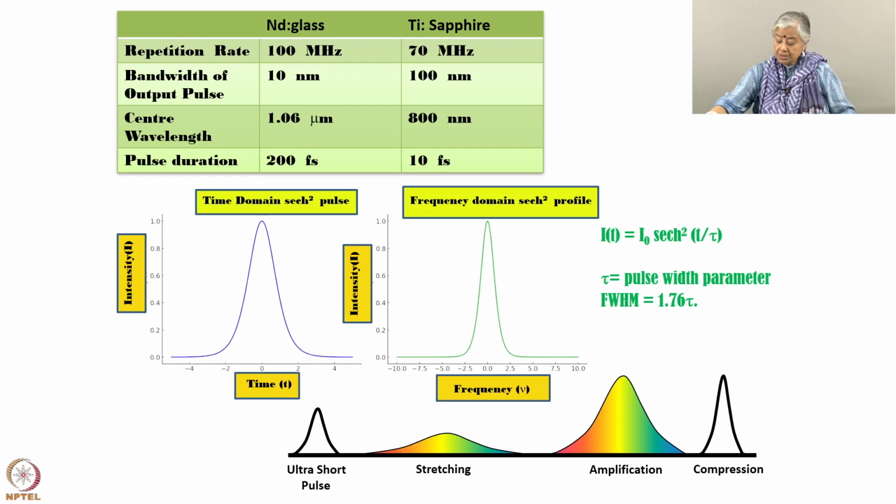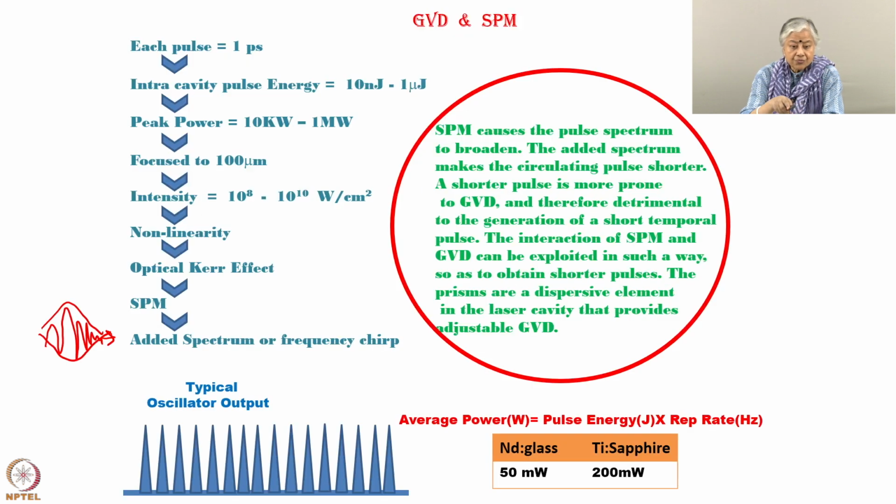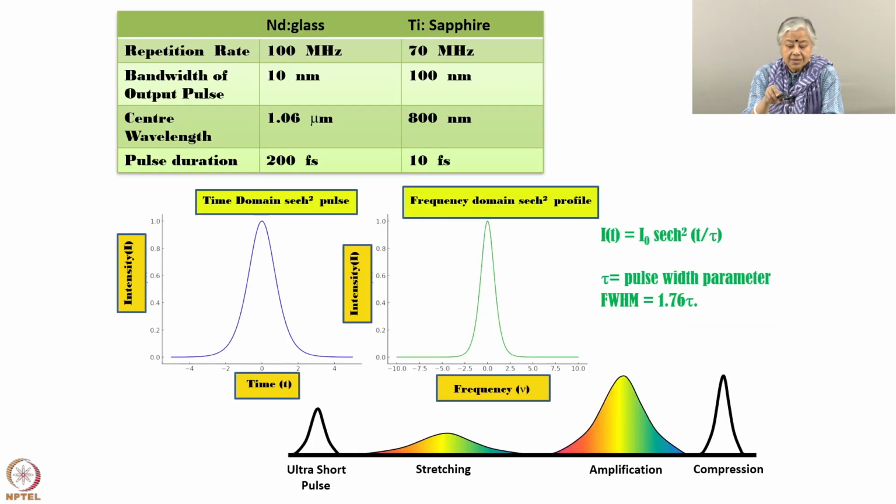Now, the output: we are interested in one single pulse of this. So, what does that single pulse look like? The single pulse looks like this. This is in the time domain, and it is a sech square pulse. So, it is not really a Gaussian pulse. Generally, you get a sech square pulse from an oscillator like the one I have described just before.